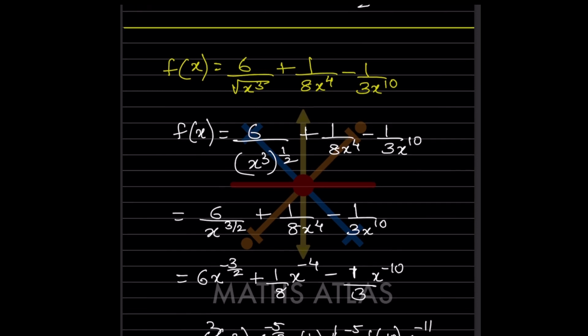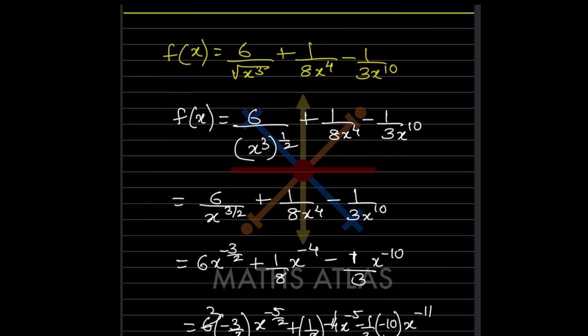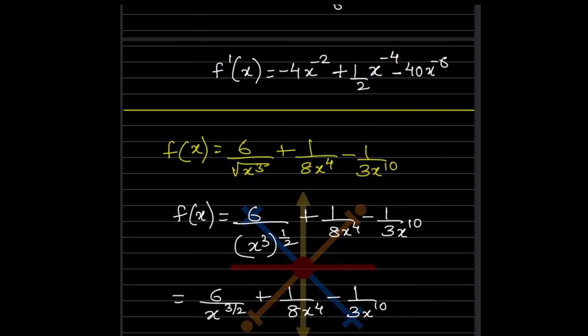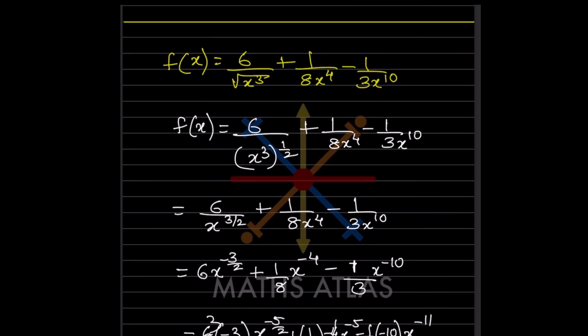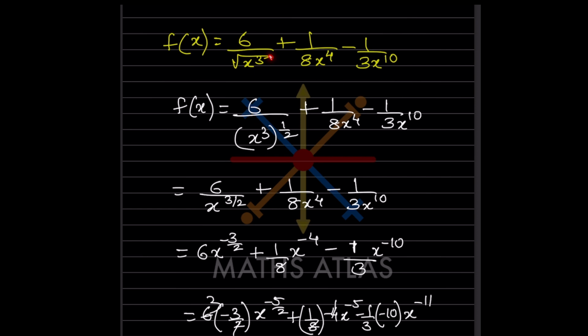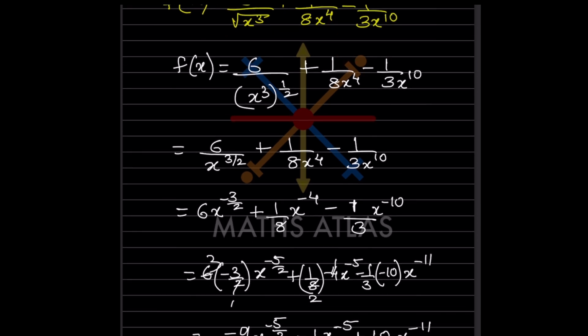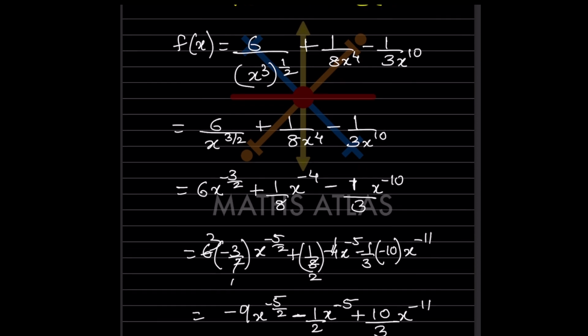Again for this one, this is in root. So how will you write this one? This will be x cube raised to 1 by 2. The same, so you can write this one as x raised to 3 by 2. When you take this one up, it is going to be x raised to minus 3 by 2.